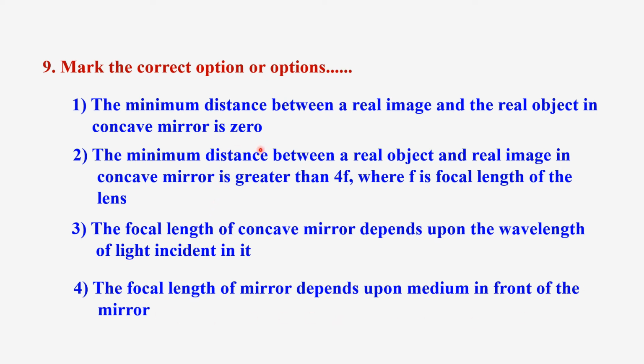Here in these four options, which one is correct? The first one is correct. Why? Because the minimum distance between a real image and a real object in a concave mirror is 0. The second option, the minimum distance between a real object and a real image in a concave mirror is greater than 4f, is an incorrect statement.